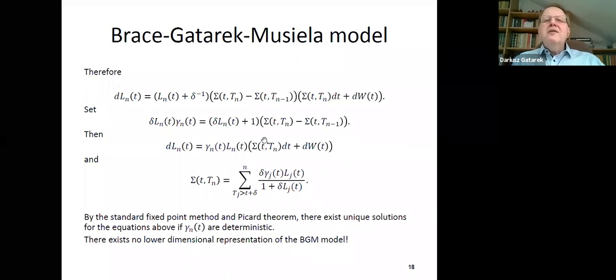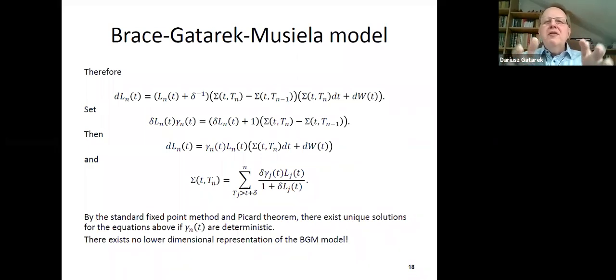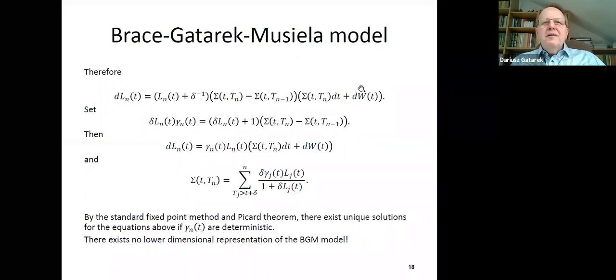We cannot squeeze the model to dynamics of 2 or 3 dimensional Markov processes. For pricing of some products, for instance, American products, callable products. Okay, so you've got the simplest BGM model derivation.